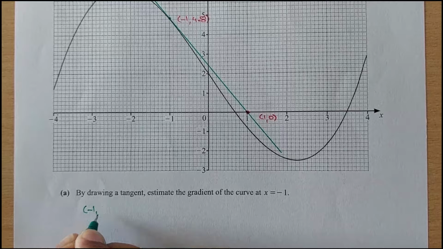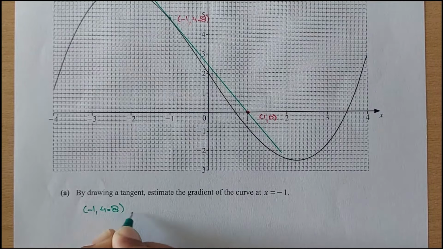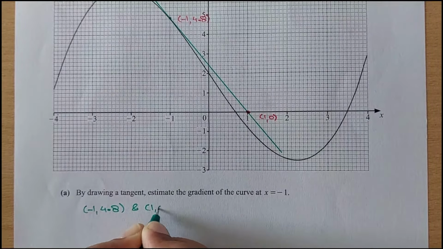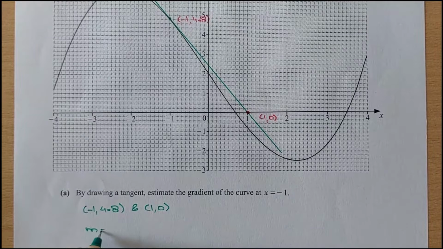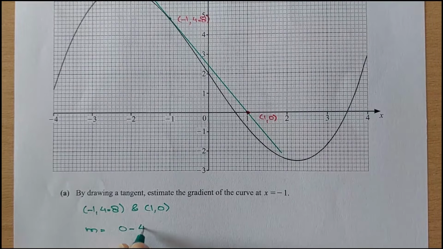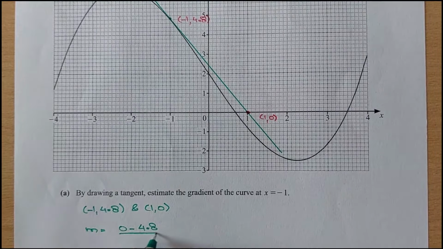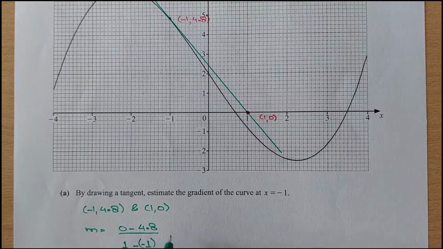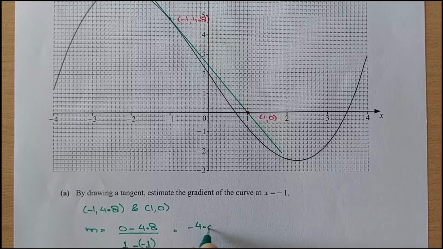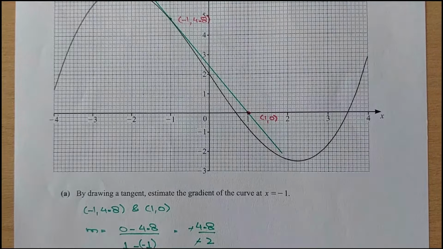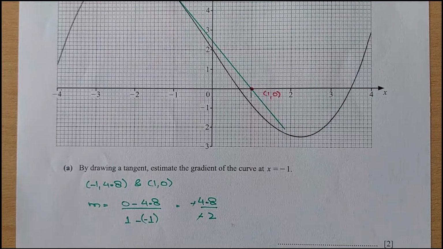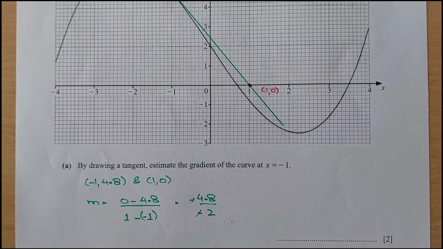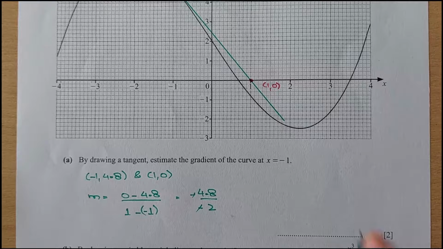So m equals y2 minus y1 over x2 minus x1, that is minus 4.8 divided by minus 2. We can cancel the negative sign. So 2 times 4 is 8, and 2 times 2 is 4, so this is 2.4.